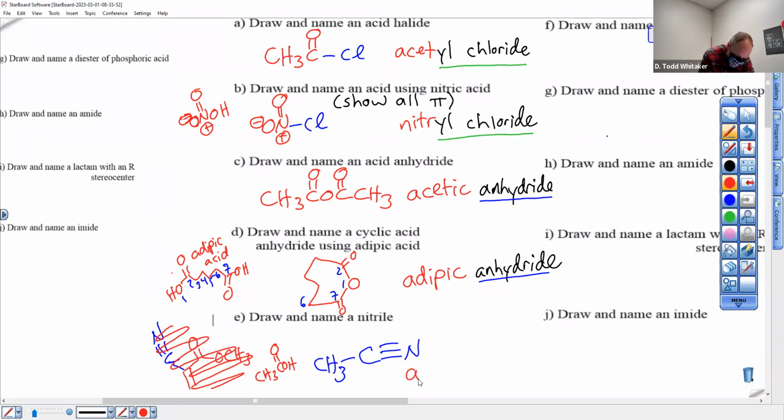You keep the ACET. You lose the ic acid. You put O-nitrile. It's very Scottish. Acetonitrile. So acetic acid became acetonitrile.